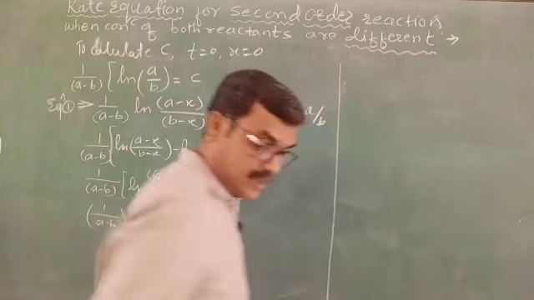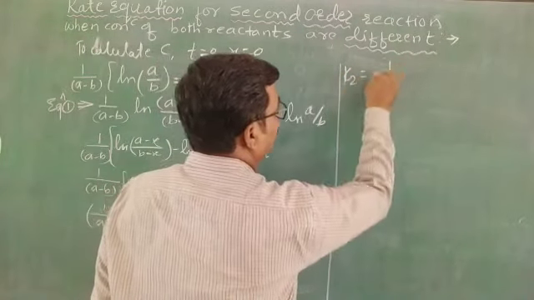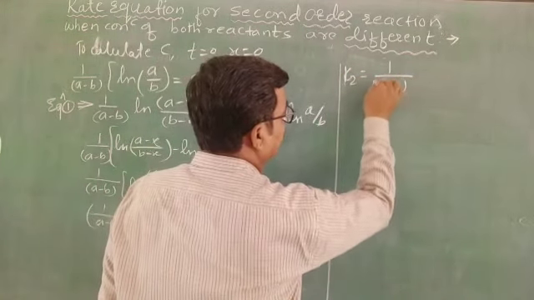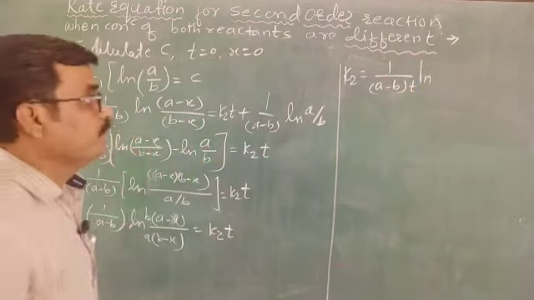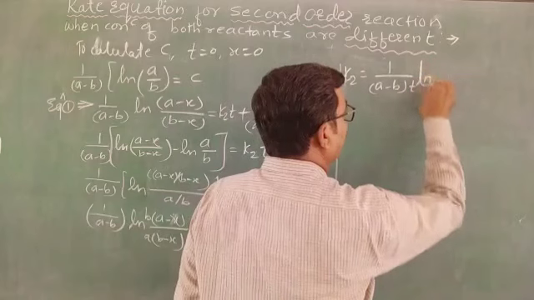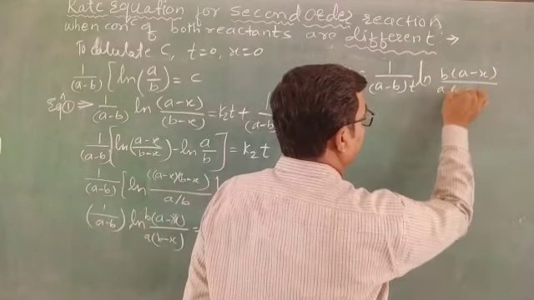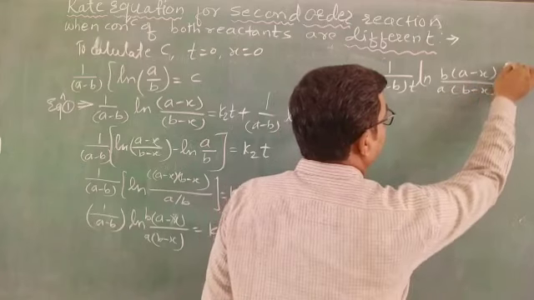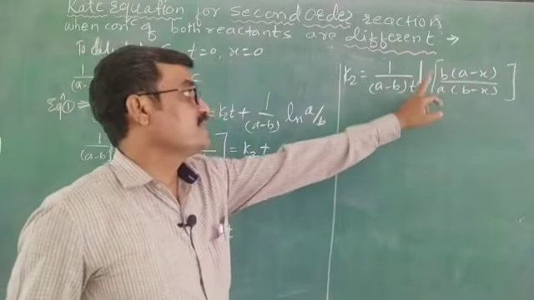Now further, in order to find out k2, कैसा हो जाएगा इक्वेशन फर्दर सॉल्व करने के बाद? Now see, k2 equals 1 upon a minus b into t, ln of b into a minus x upon a into b minus x. Now this ln is natural log.